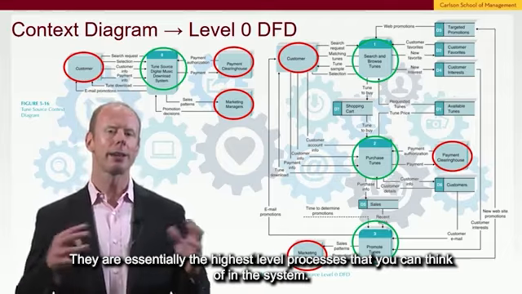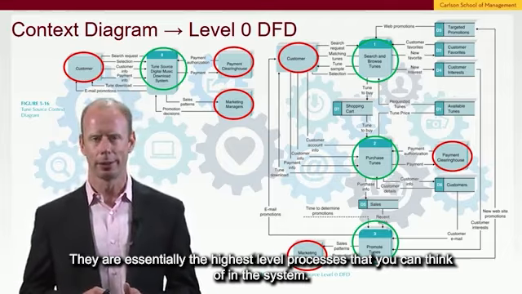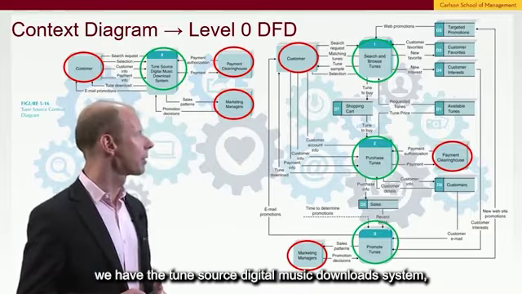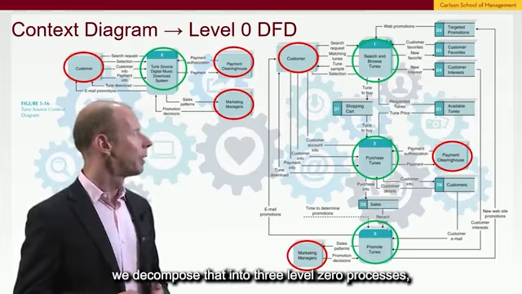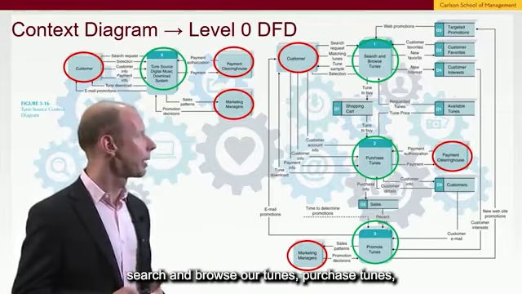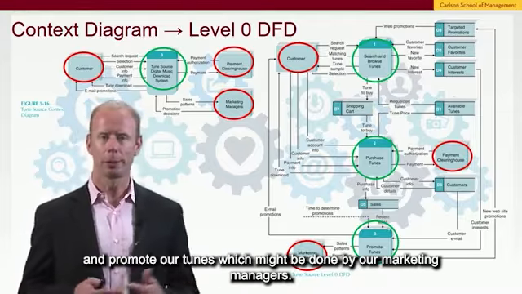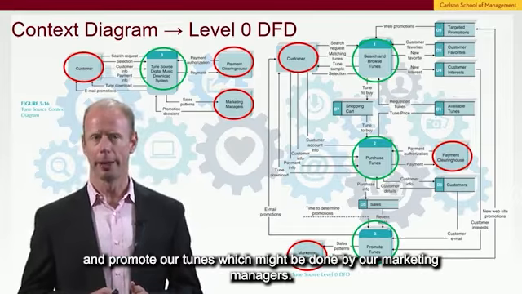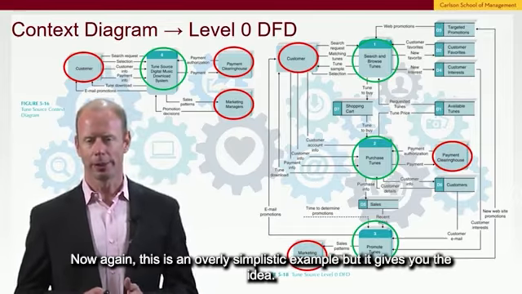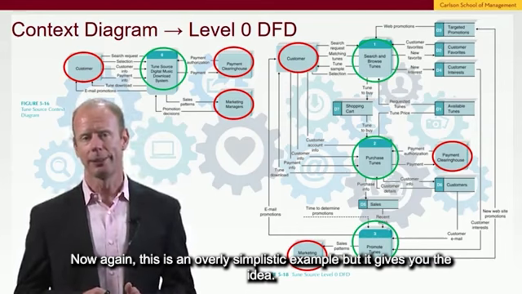They're essentially the highest level processes that you can think of in the system. So here in our example, we have the TuneSource digital music download system. We decompose that into 3 level 0 processes: search and browse our tunes, purchase tunes, and promote our tunes, which might be done by our marketing managers. Now again, this is an overly simplistic example, but it gives you the idea.